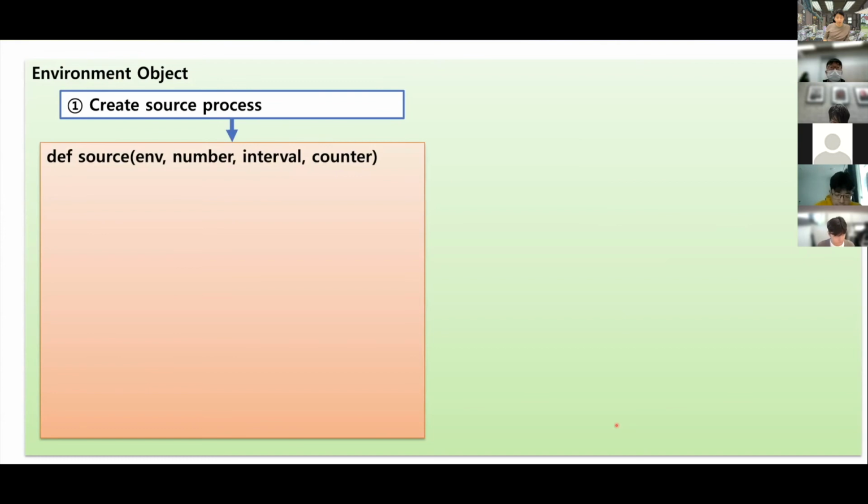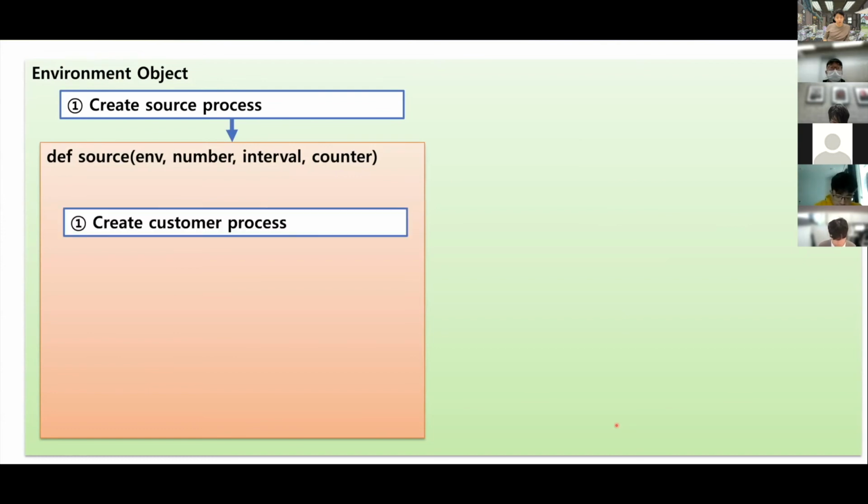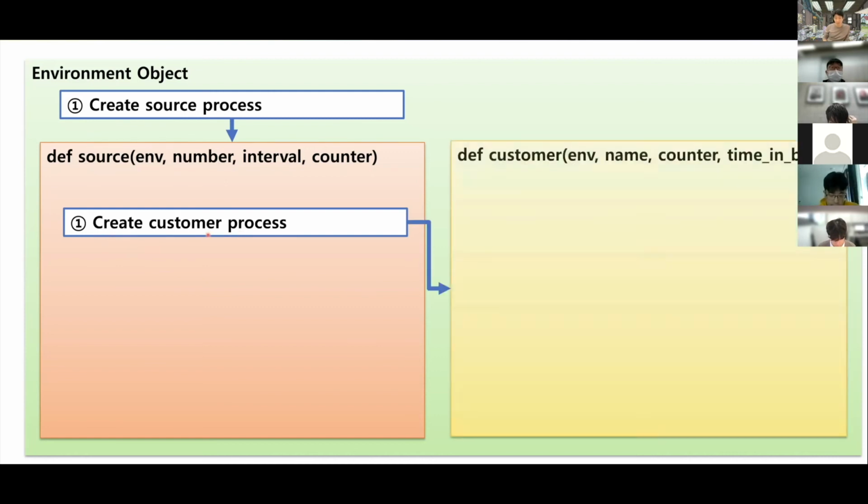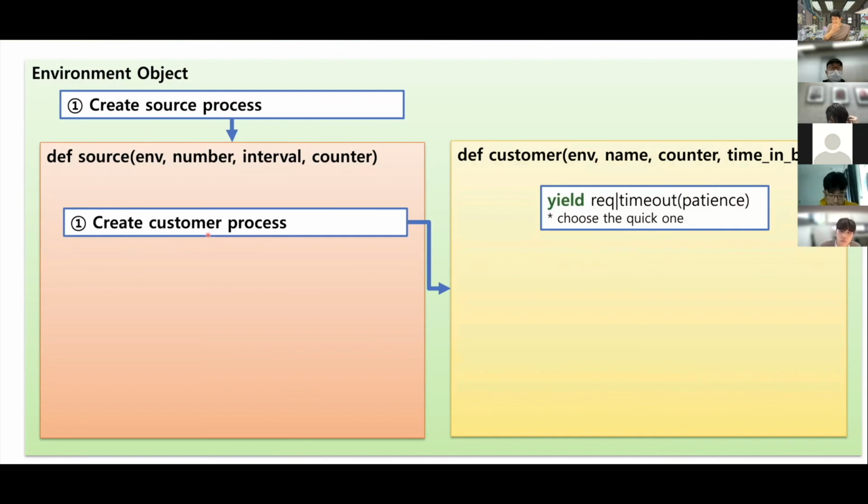By creating the source process, this source function is executed and starts by creating the customer process. From this point, the customer function is being called, and inside of the customer, the most important part of this problem is the conditional event. So the earliest one is selected and recorded.